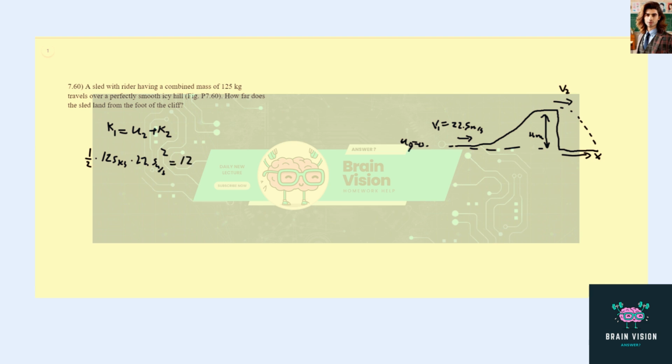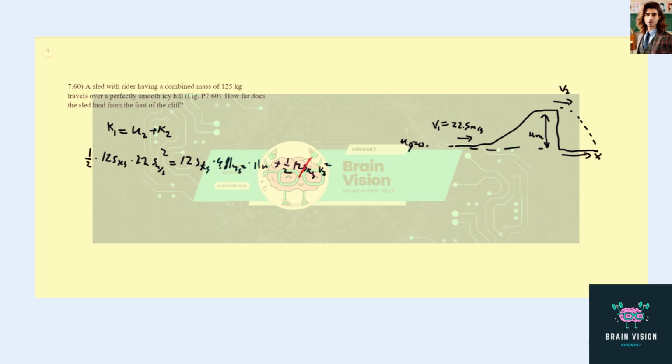So that's 125 kilograms times 9.81 meters per second squared times 11 meters. And then that's going to be plus the K2. So that's 1/2 times 125 kilograms times V2 squared.